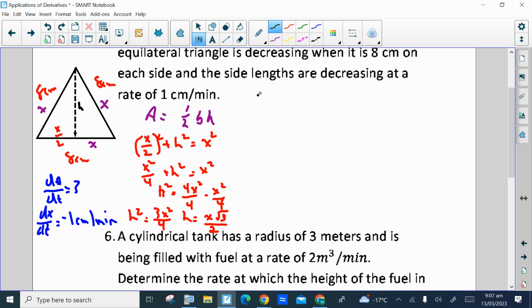And so now we can say that area is 1/2 the base, which is x, times the height, which will be x root 3 over 2. We've written h in terms of x.